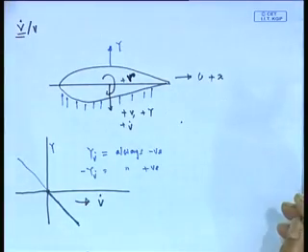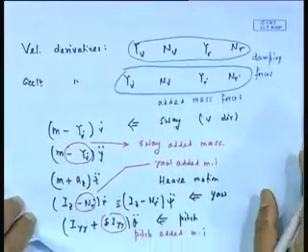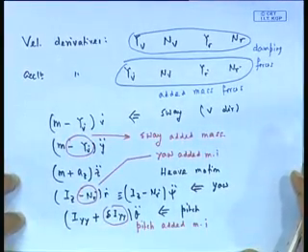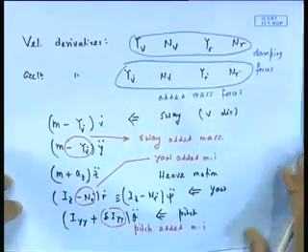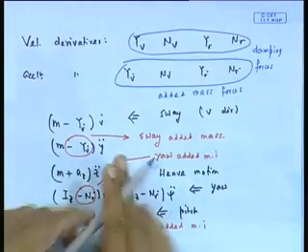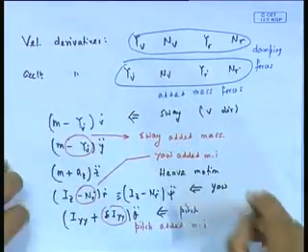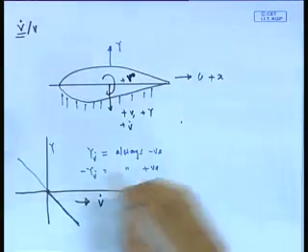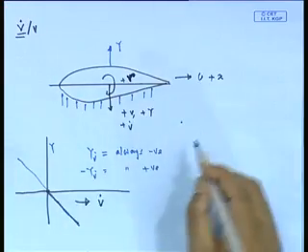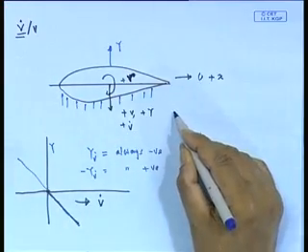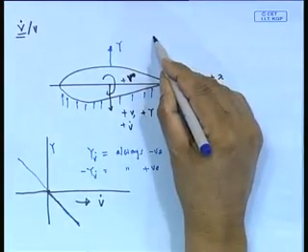How much is the magnitude? Now, added mass is in this mode, that is you are pushing the hull this side, the entire hull. So, if I were to look at the cross section of the hull, let me put it somewhere here.